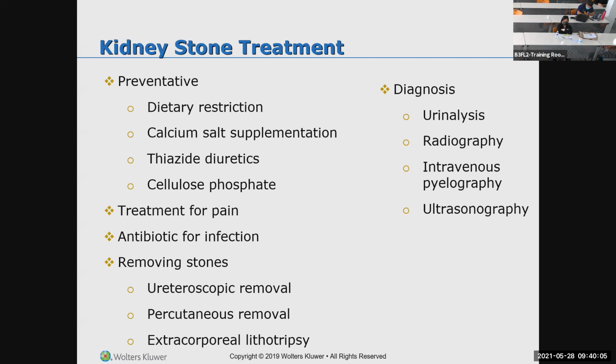If the patient has a UTI, urinary tract infection, some antibiotics are prescribed. The most common antibiotic, please remember, is Bactrim. It's a very cheap medication, but very effective.